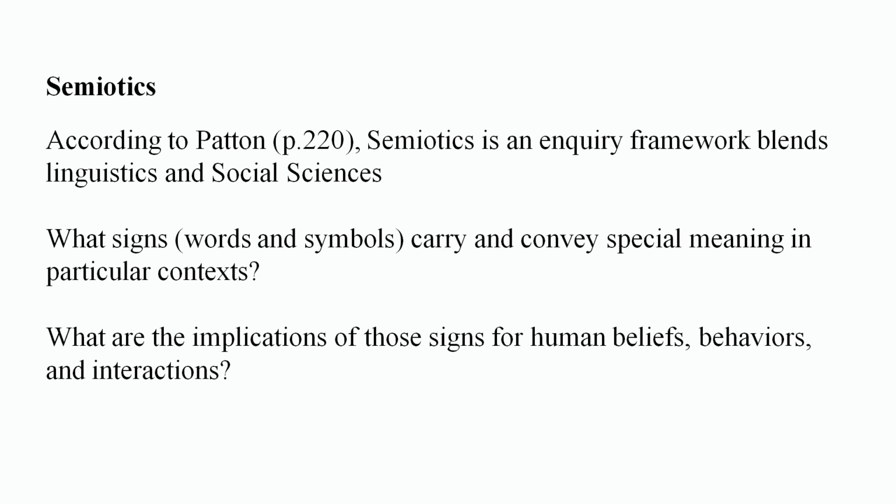Semiotics is originally rooted in linguistics, and social scientists consider semiotics an important part of human behavior because verbal or non-verbal expressions indicate certain meanings, and that could again be rooted in human experiences. I would like to present an example of how we can work on semiotics.